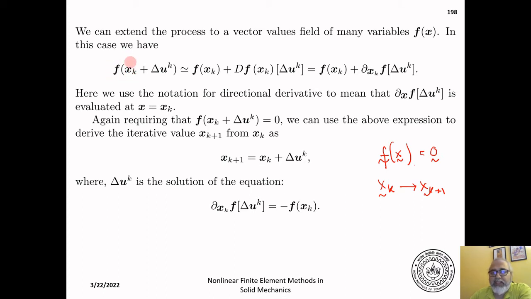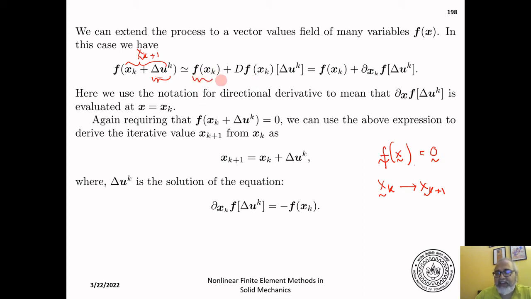So we linearize f about xk in the direction of the next iteration, delta uk, which itself is a vector of the same size as xk. So this gives me my new guess, which is the vector xk plus 1. Now, how do we linearize? We have seen this before. To linearize this, we do the multi-dimensional Taylor series up to the first term.